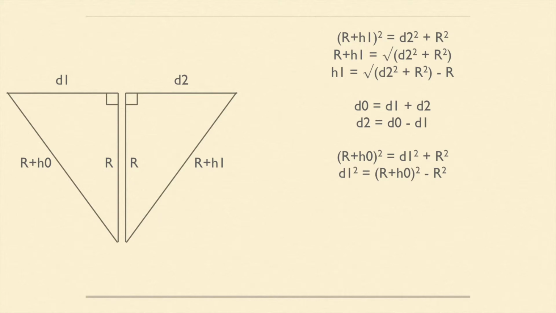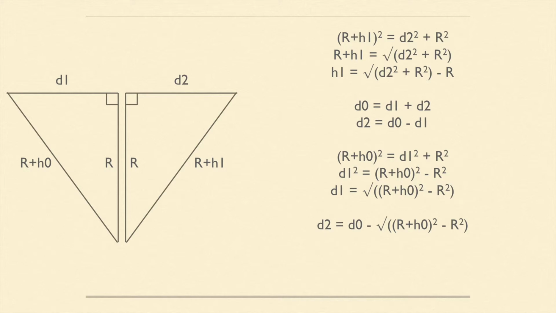We can solve this for d1 squared, just moving it over. And we have d1 is the square root of this whole right side. Now we have an expression for d1 as well. And we know that d2 is d0 minus d1. So that means that d2 is equal to d0 minus the expression we just found.